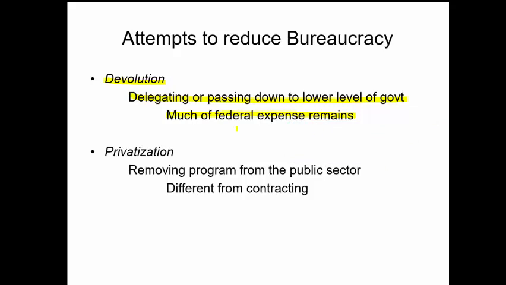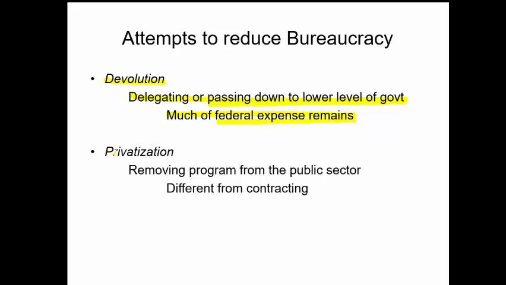But what they are doing is delegating the manpower to do that job, passing it down to the state government, or even perhaps even lower to a local level government, in order to get that public good or public service done. So that's why you see the increase in the state and local employees. However, the federal government expense still gets bigger because it has to foot most of the bill. But devolution means at least we're trying to pass down a lot of that manpower to a lower level of government.